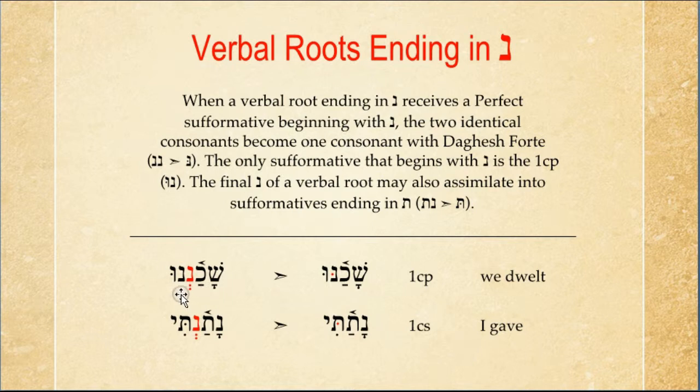So you have two noons in a row. What happens? They combine, become one, and it simply is shahanu, and there is a dagesh forte once again inside that noon. That's your indication. So there's a little bit of strangeness going on here, but only when those verbs end in the same kind of letter that the ending begins with. And that's a natural assimilation that occurs.